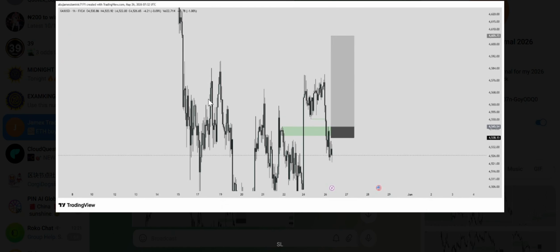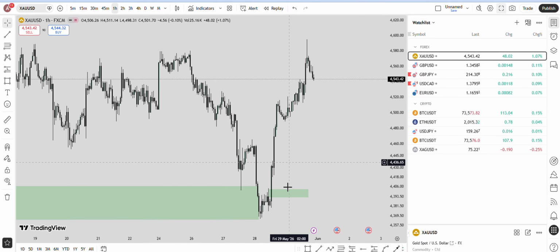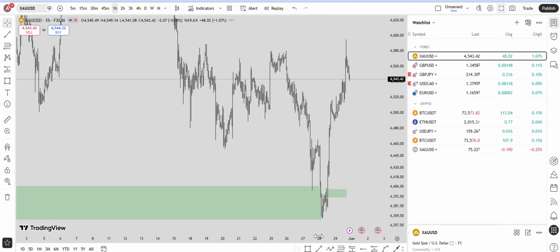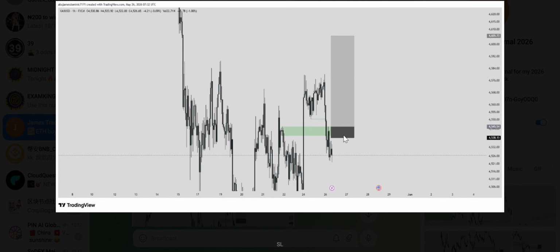This was a trade I took on gold. It was almost a similar trade to this Euro USDT. There's a 1 hour again.